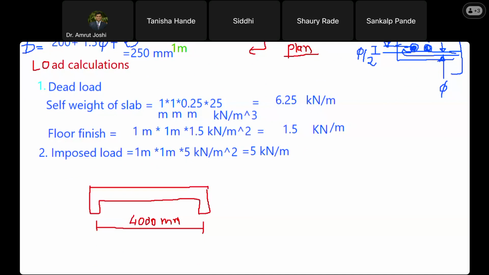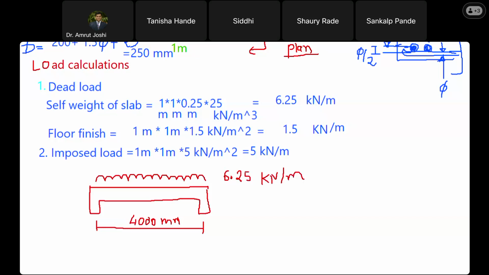And what is the load acting on this slab? So there are two UDLs. One is UDL due to dead load. And how much is that? Tell me. 6.25, isn't it? 6.25 kilonewton per meter.